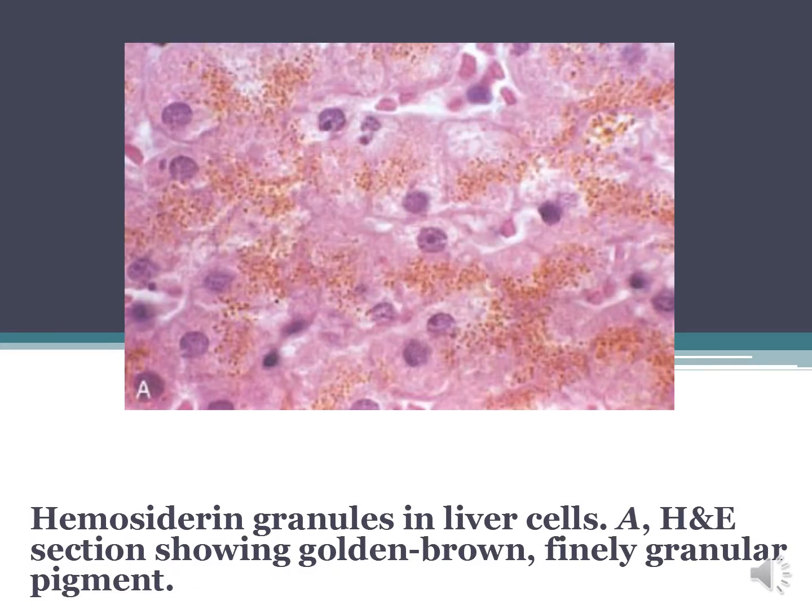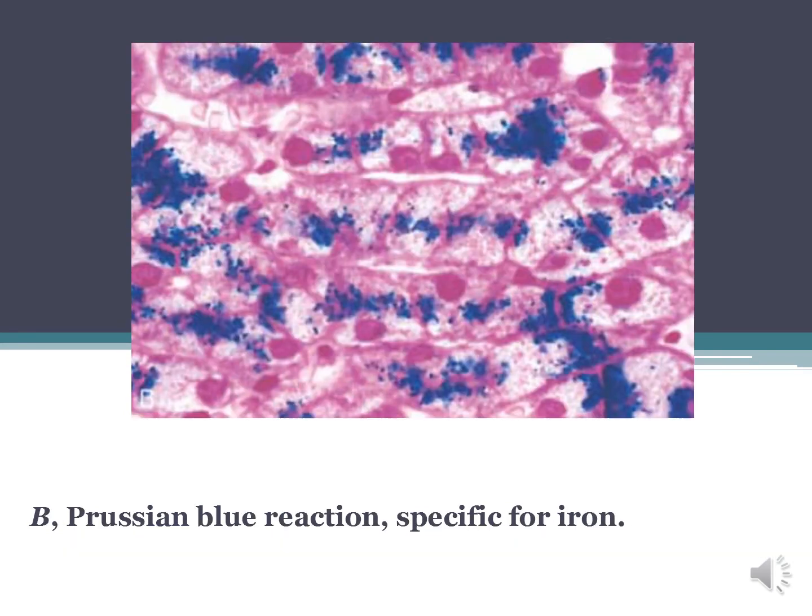Here it is brownish in case of hematoxylin and eosin staining, and in the Perls reaction with Prussian blue reaction, we see this bluish staining, which is specific for iron detection.